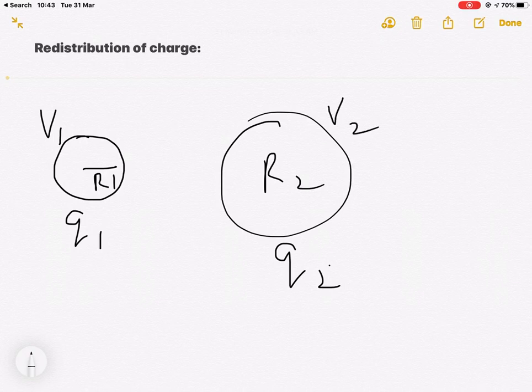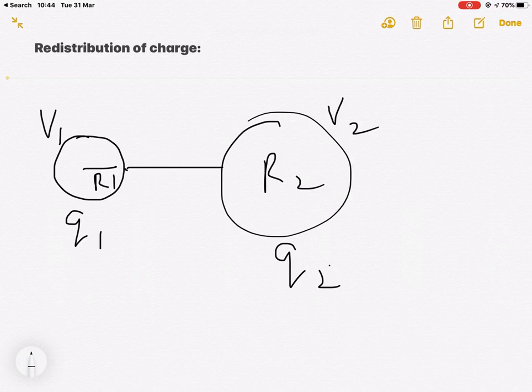Now when we connect these two spheres with each other by some connecting wire, the flow of charge will start. We know charge will flow if there is some difference in potential. So this difference in potential between V1 and V2 will make the charge to flow from one sphere to another sphere.